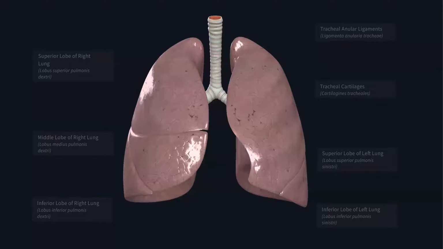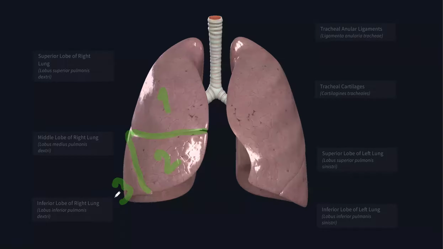So the right lung has 2 fissures. This is the transverse one, and this is the oblique one. And now we have 3 lobes: the superior lobe, the middle lobe, and the inferior lobe.